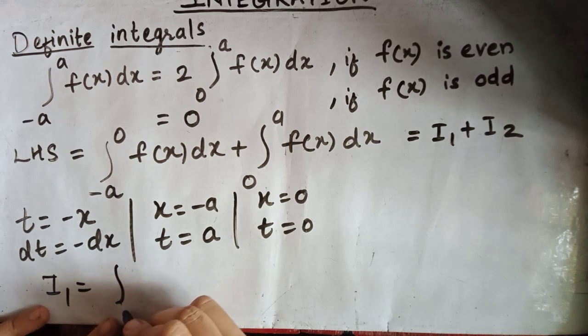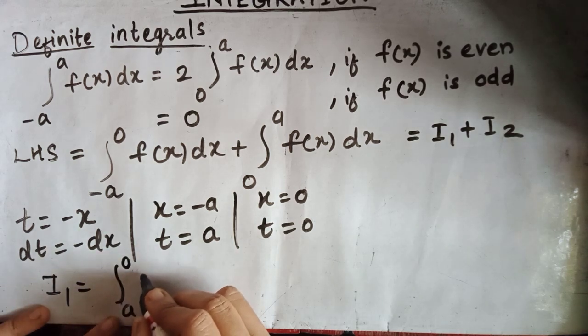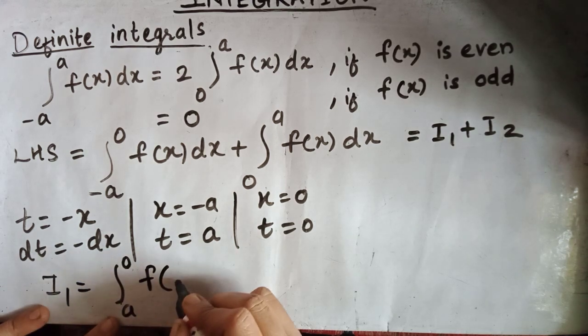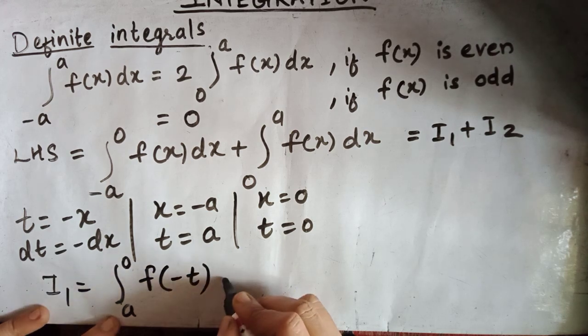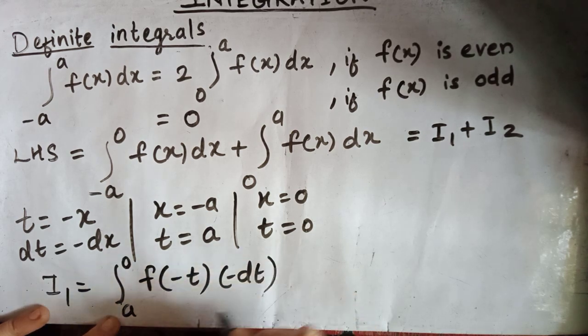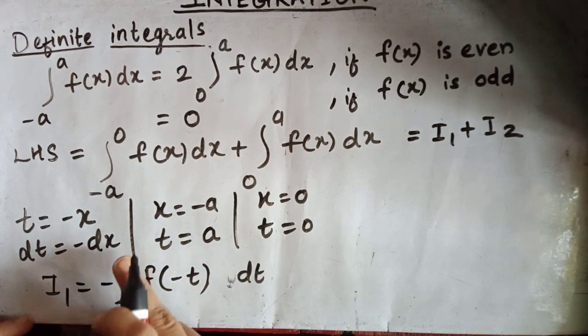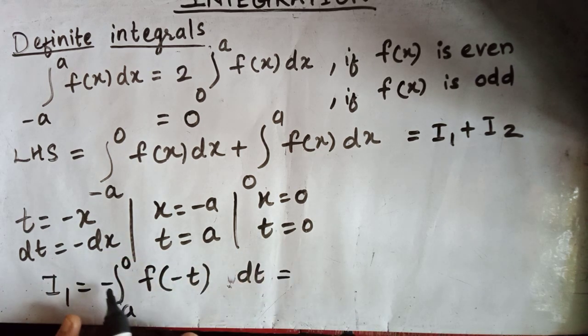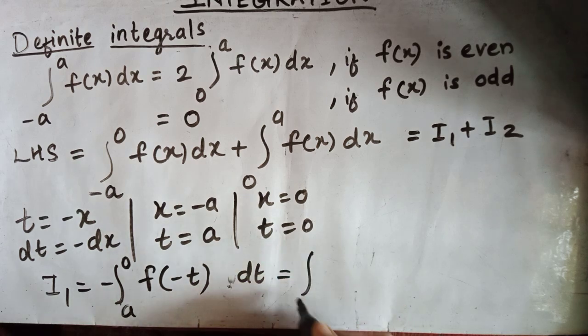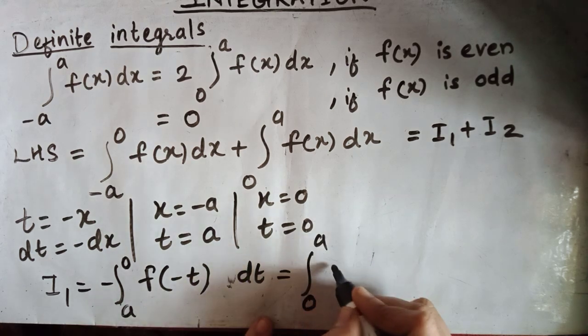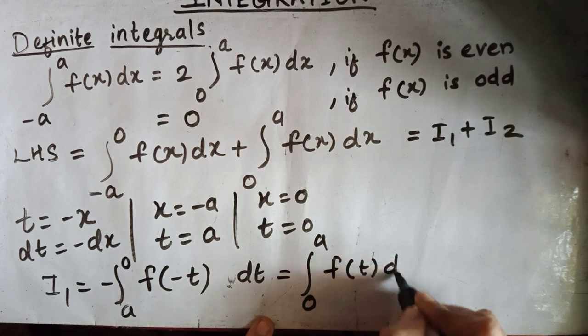Now change the limits and see what you get for I1. This is a to 0, right? F of, in place of x I am writing minus t, and this is minus dt. So you can take this minus sign outside, then applying the property in which the limits change and the minus sign goes, you will get 0 to a f(t) dt.